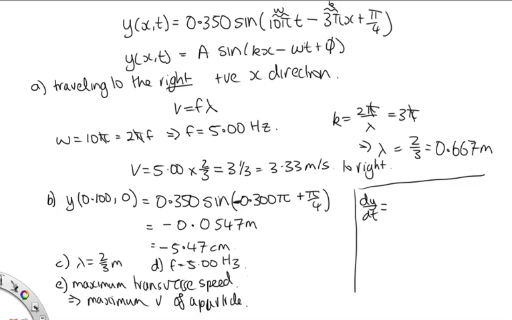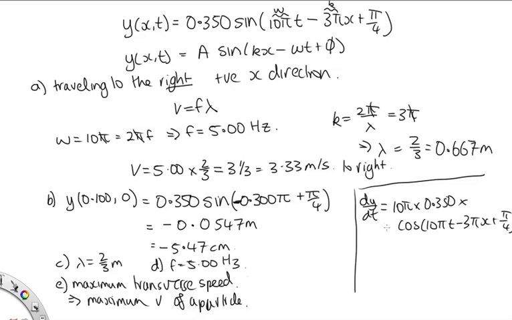So to take the derivative, we take the derivative of what's inside the sine function with time, which is just the 10 pi. So we've got 10 pi times the amplitude 0.350, and the sine becomes a cos when we differentiate it. So that's times cos of 10 pi t minus 3 pi x plus pi on 4.